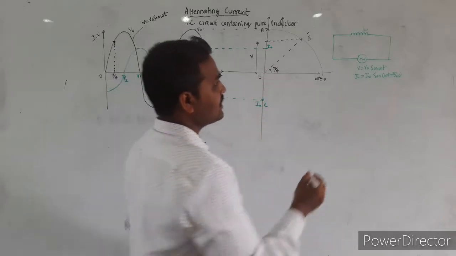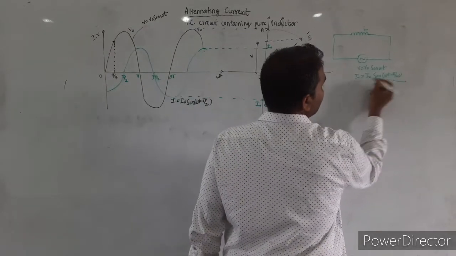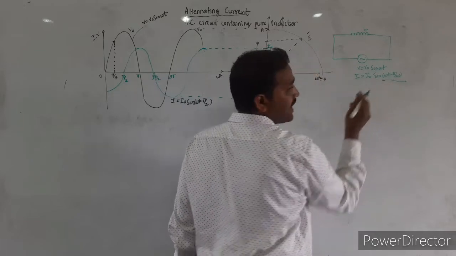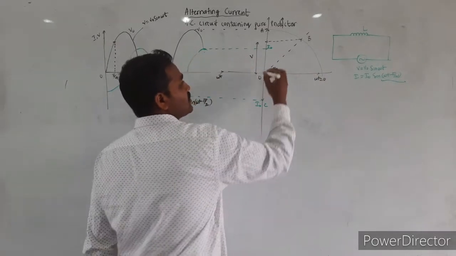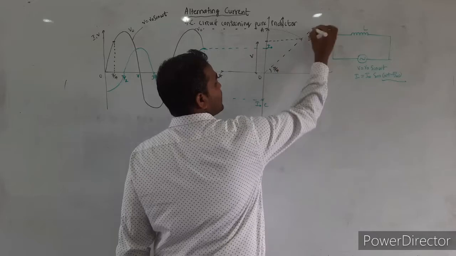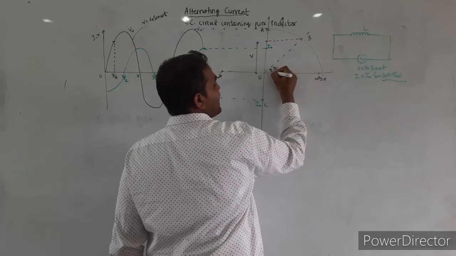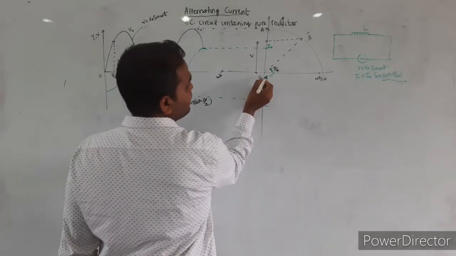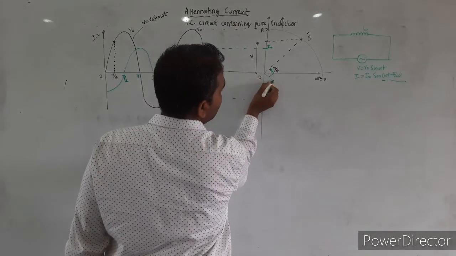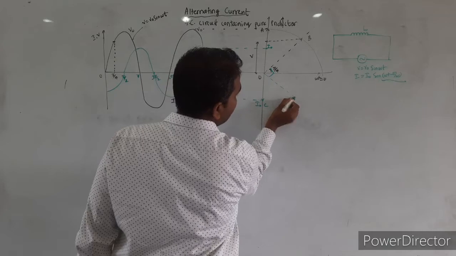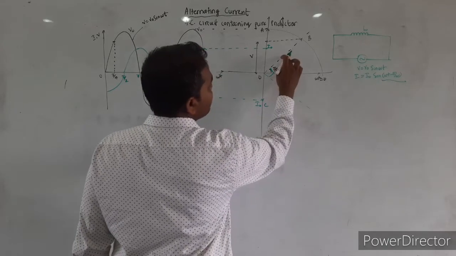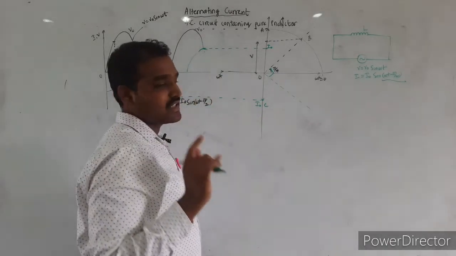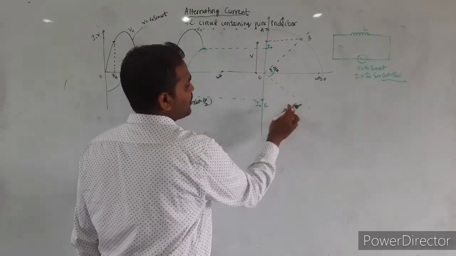Because consider the phase angle here, the current has to lag the voltage by 90 degrees. So this is the voltage line, and I will draw one line at an angle of 90 degrees behind this, below this. That will be somewhere here, is it not? So I will get a line at an angle of 90 degrees with respect to the voltage line. That comes to be somewhere here.